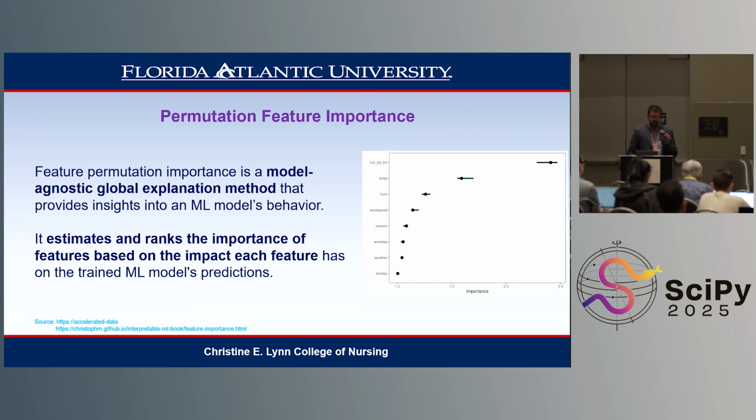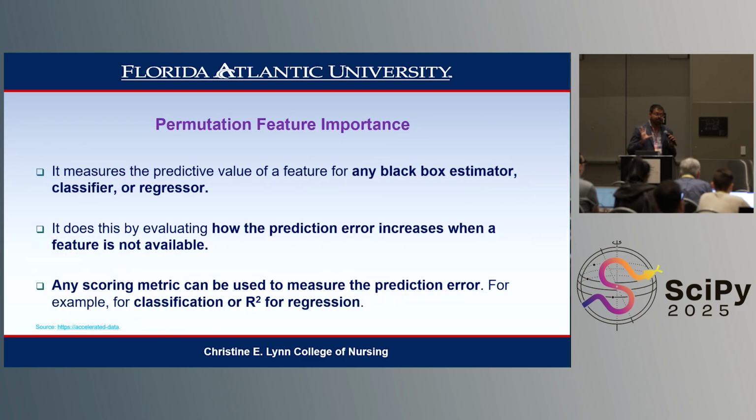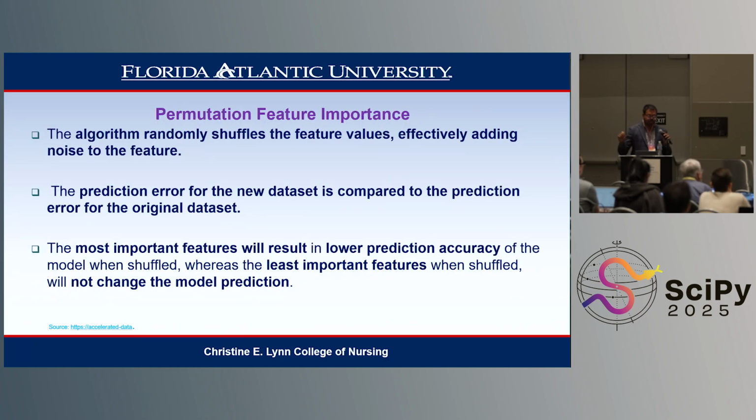We are going to go over permutation. This is another global explanation. This doesn't have any local. It's model agnostic, and it ranks which is the most important feature. So its idea is to take out a particular feature and see how the model is going to perform, or how the model is failing in predicting when that feature is not present.